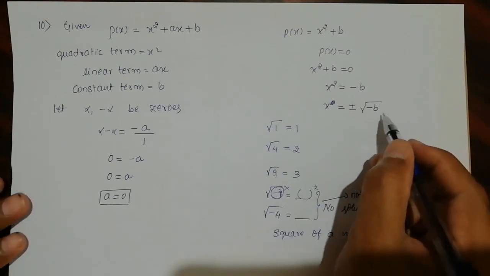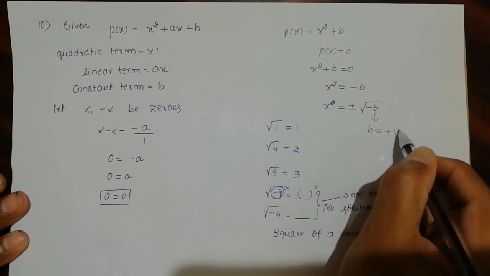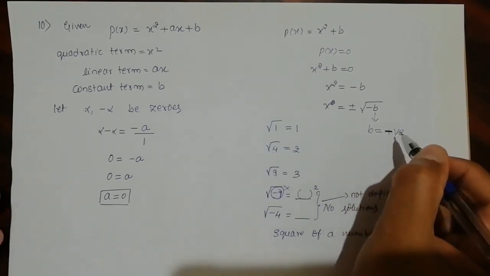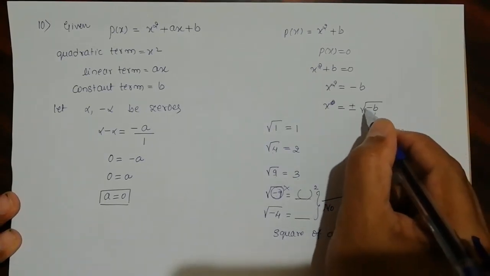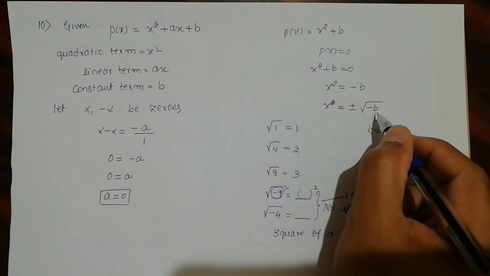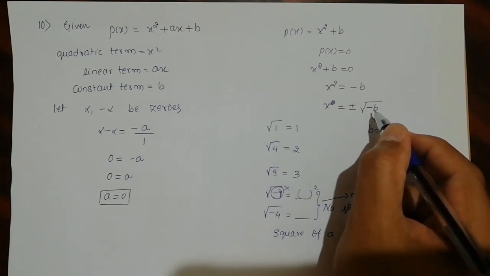This will be defined only when b is negative, because if b is negative, negative into negative becomes positive, then square root of a positive number is defined. Suppose b is positive, positive into negative becomes negative, then it will be undefined, then there will be no zeros.